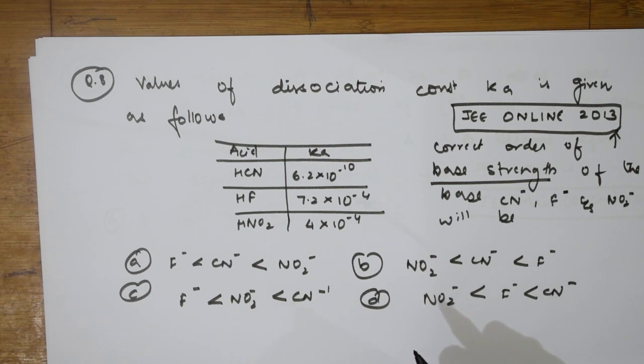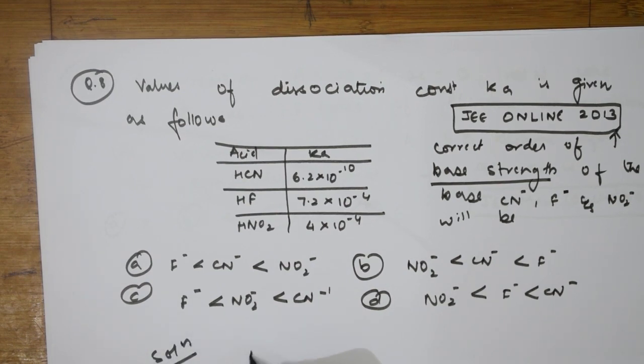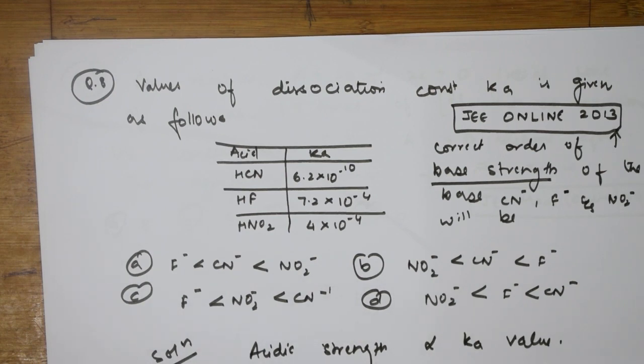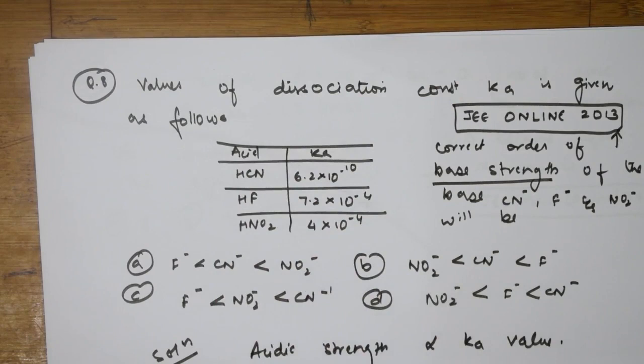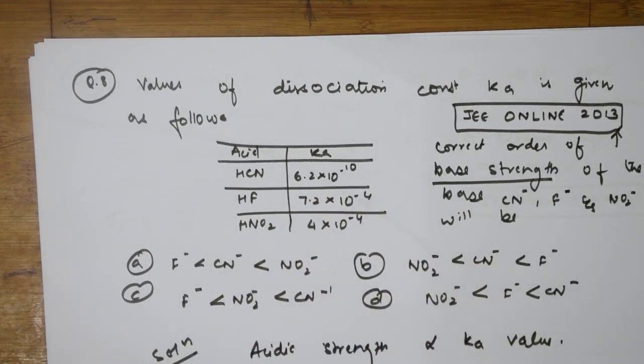So when such a question is given to you, let us learn one important thing. First of all, acidic strength, we already know this. Acidic strength is directly related to Ka value. This is understood? Yes. Now on the basis of Ka, the order of acidic strength would be HCN less than HNO2, less than HF, because directly related, I said.